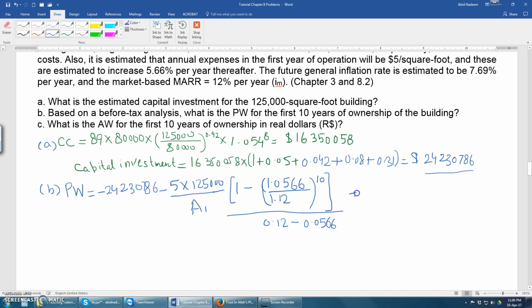Anyway, if you calculate this expression, it will be equal to minus 28,584,000 and about $102. Your answer may be a little bit different, depending on how you do the rounding and calculations.